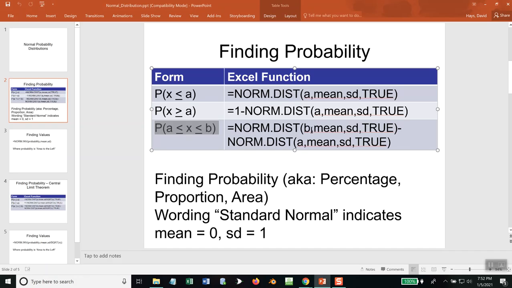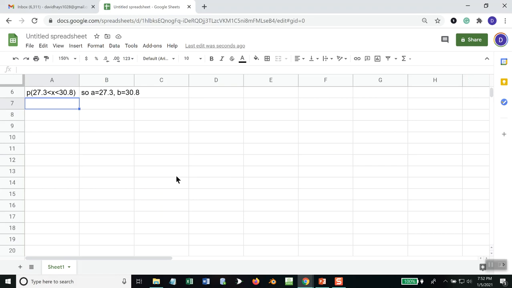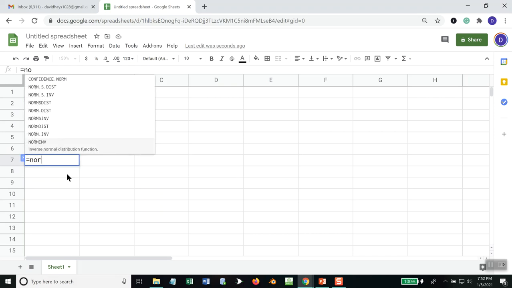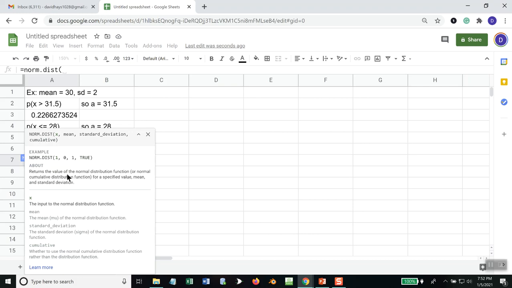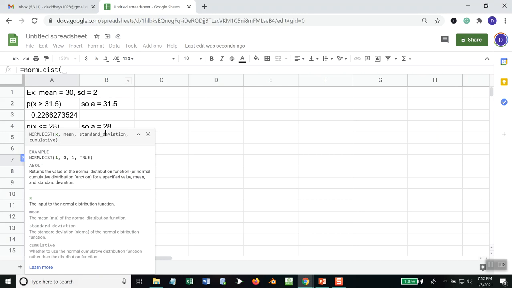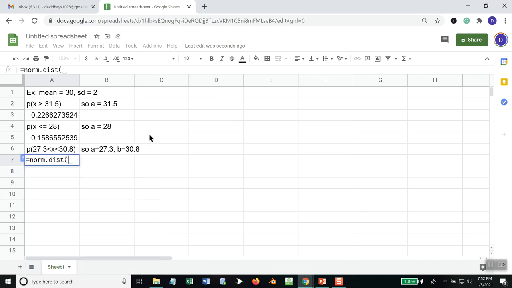Okay, equals norm.dist, B, mean, SD, true. Let me try it again. Equals norm.dist. B is 30.8, comma, mean, which is 30, comma, standard deviation, which is 2, comma, true, minus.